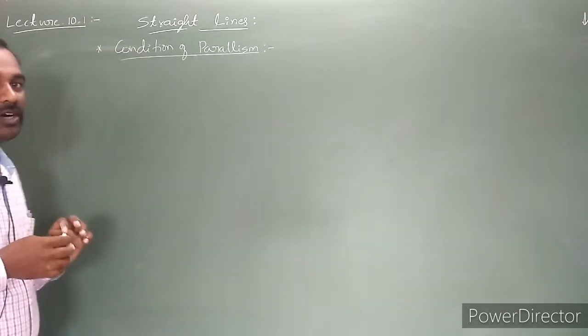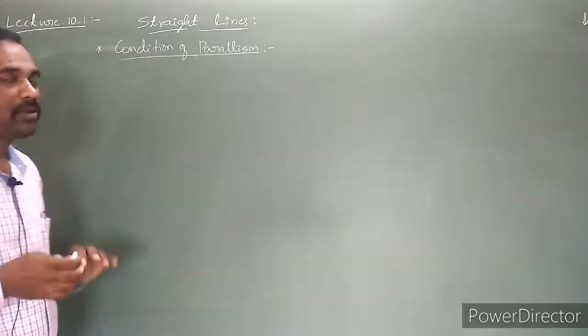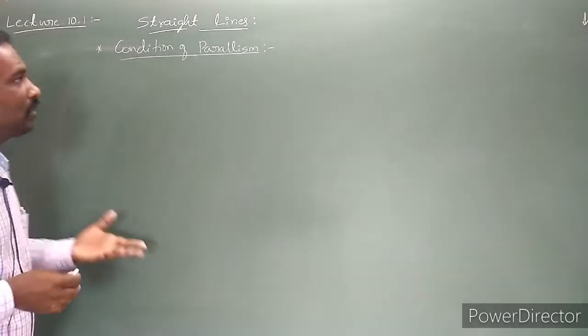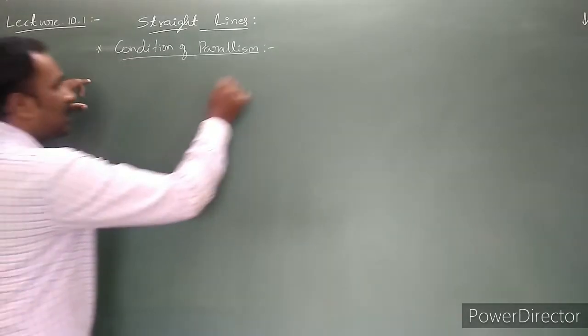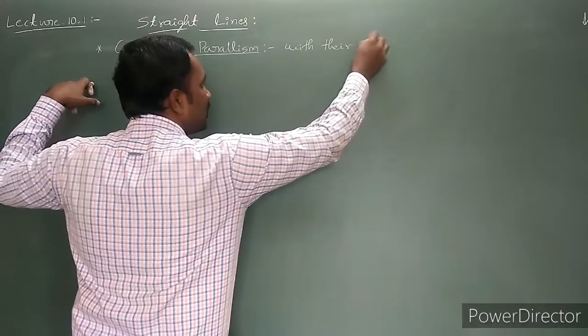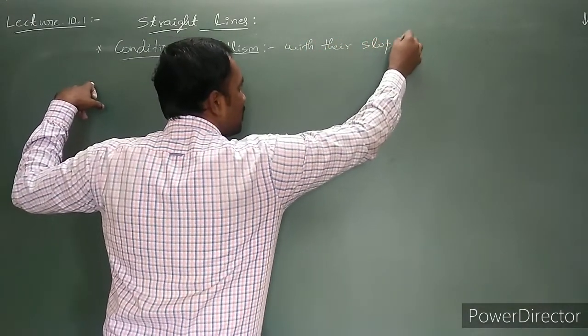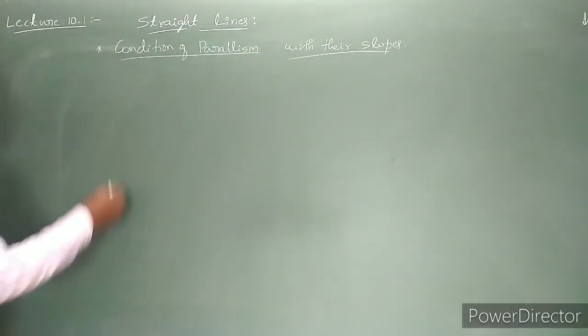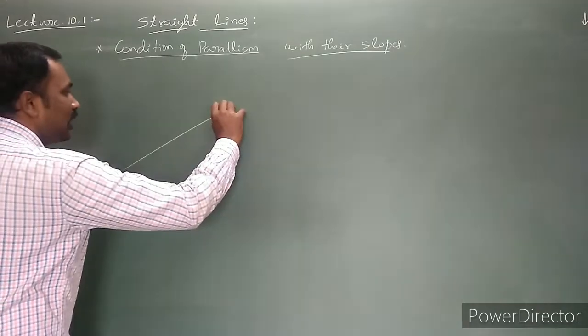Now mathematically, how do you say that? With the help of the slope, how do you say that 2 lines are parallel? Condition of parallelism with their slopes. Here 2 lines are given.